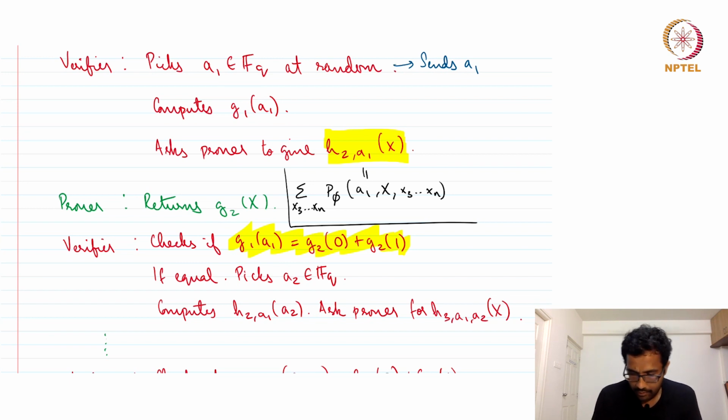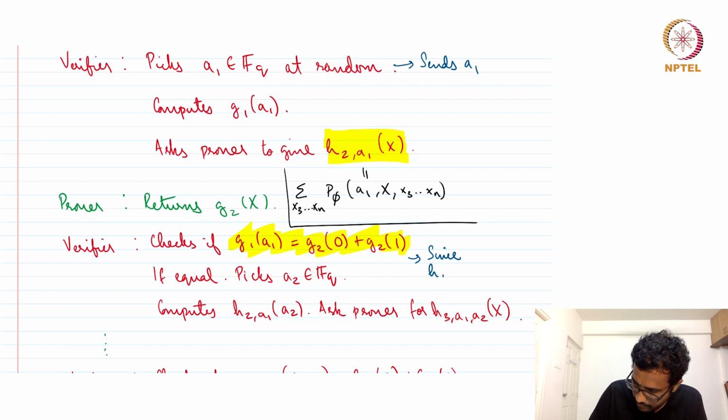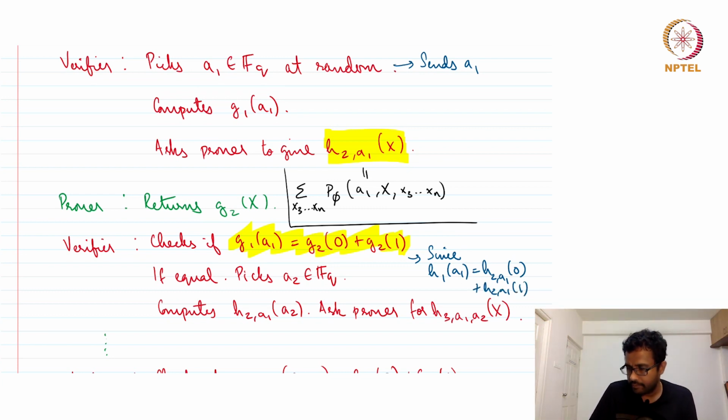This is since h1 of a1 is equal to h2 a1 of 0 plus h2 a1 of 1. Because g1 is pretending to be h1 and g2 is pretending to be h2 a1, this has to be true. So the verifier checks this. If equal, fine. If not equal, he can reject right there.